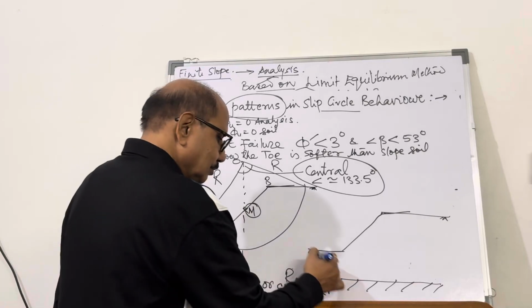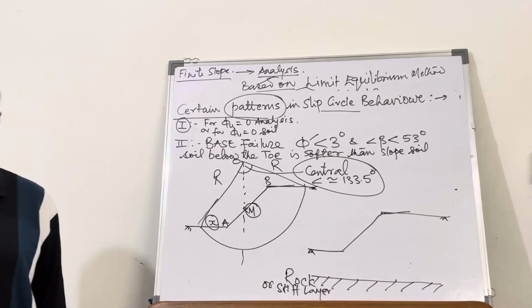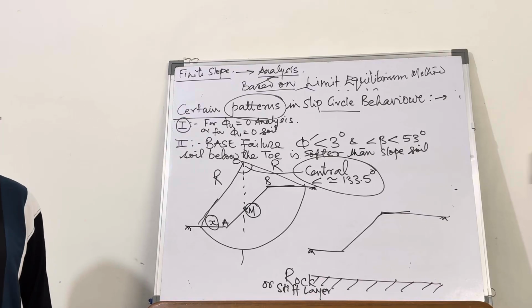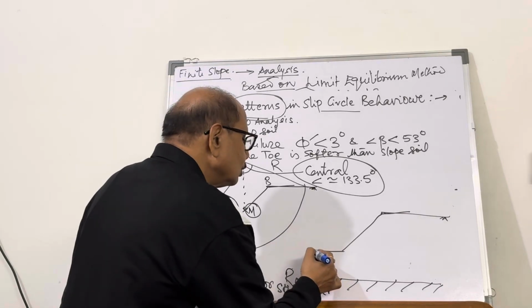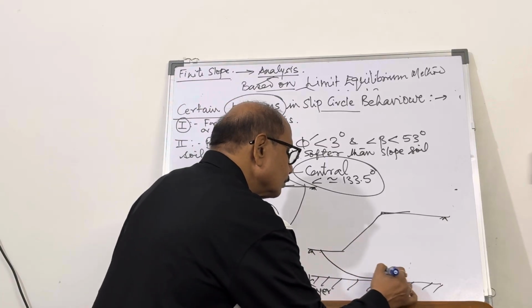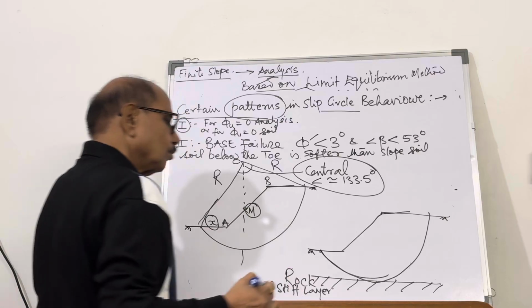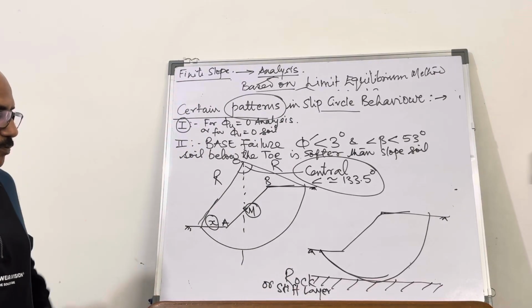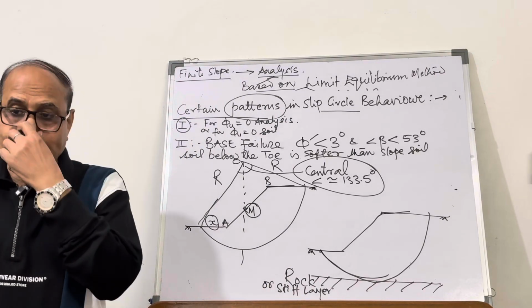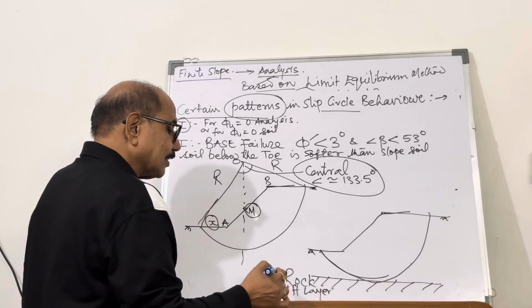Then what is the condition? The condition is, here you can find out the value of X and also the slip circle. The critical slip circle is going to be tangent to the stiffer layer.